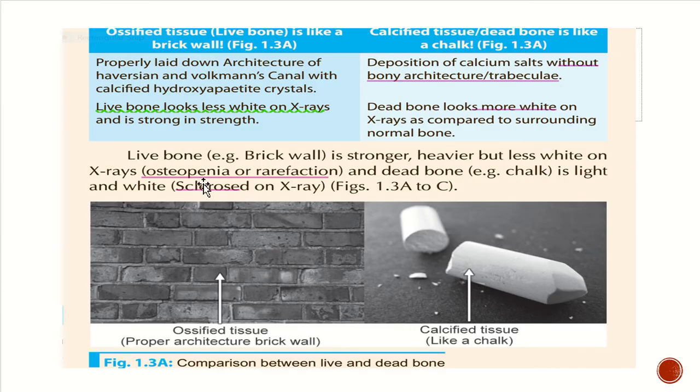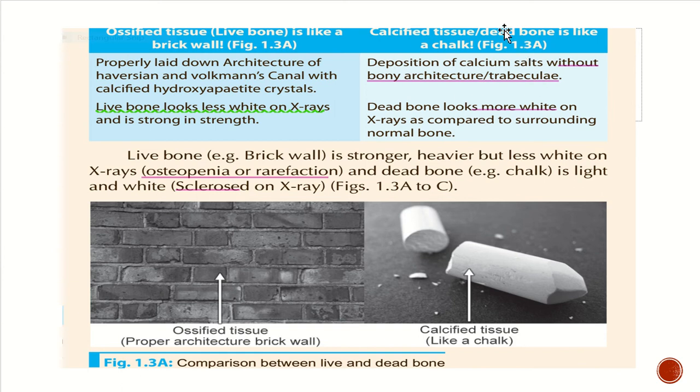Here we can see the difference between ossified tissues and calcified tissues. Ossified tissue means live bone, and calcified tissue means dead bone. We can compare live bone with a brick wall and calcified or dead bone with chalk. In live bone we can see the architecture of Haversian and Volkmann's canals.